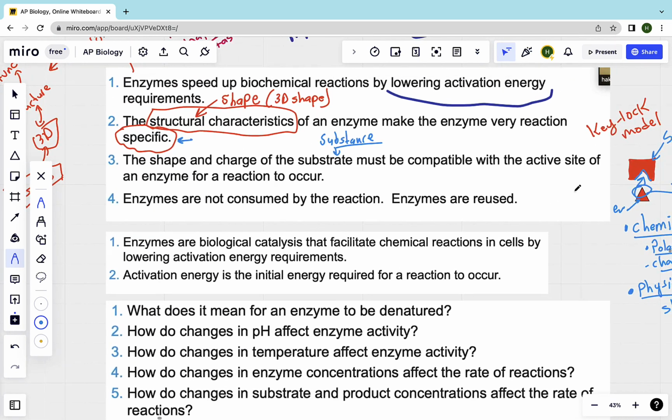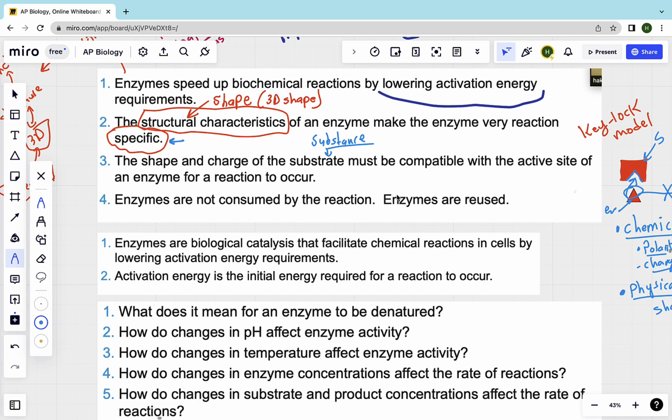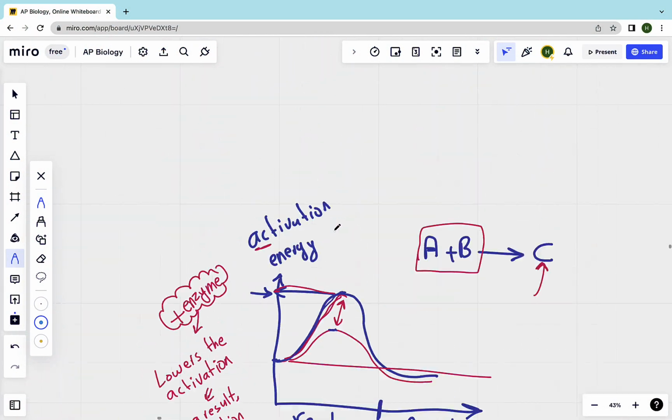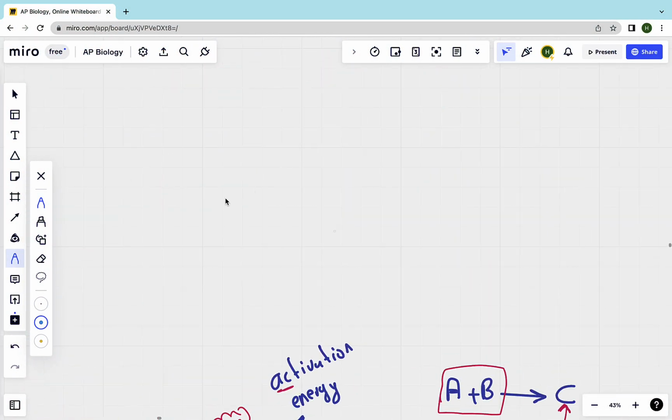Okay? Enzymes are not consumed by the reaction, they are reused. What does this mean? Because they can be used. Yes, exactly.